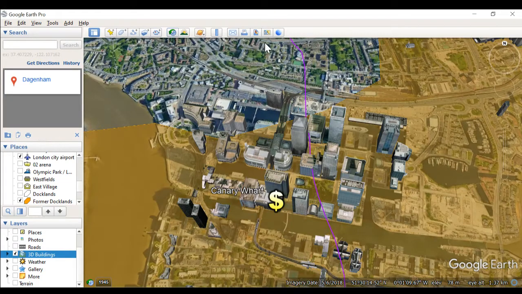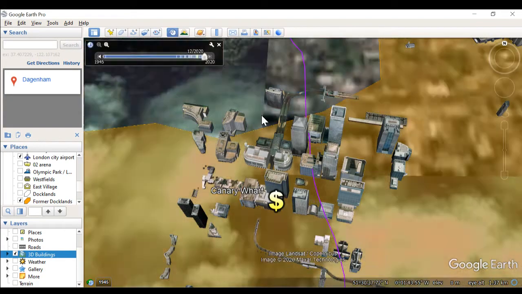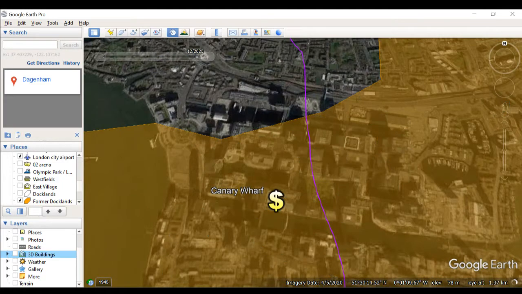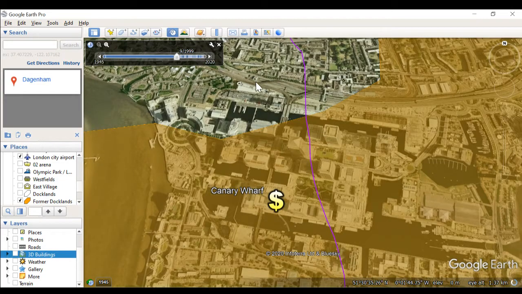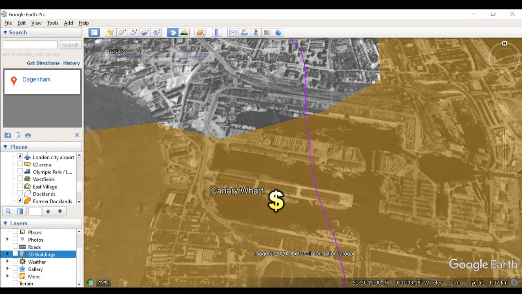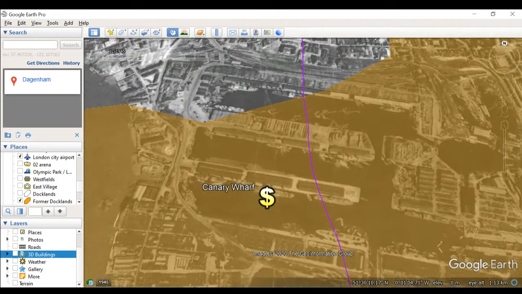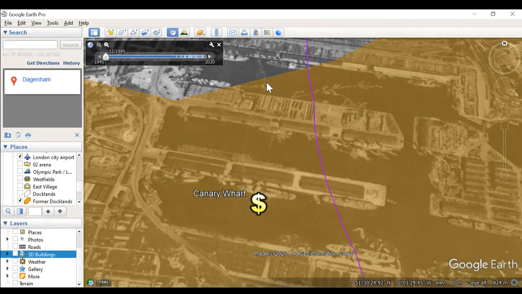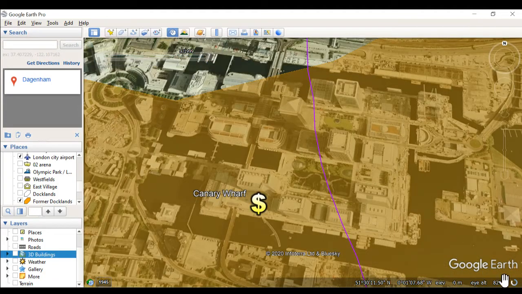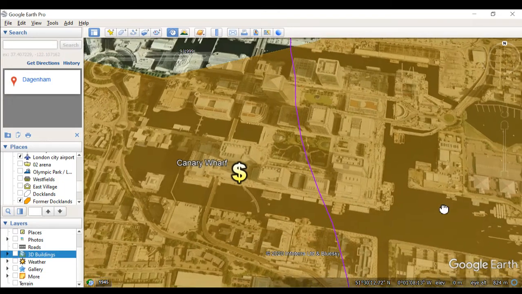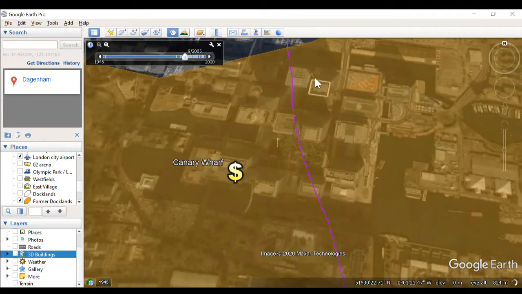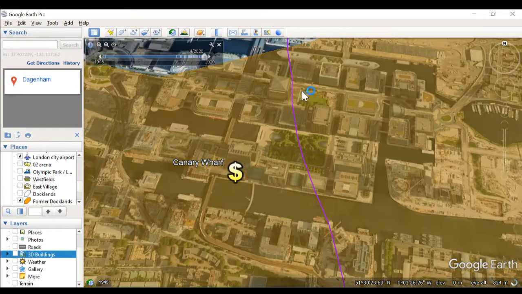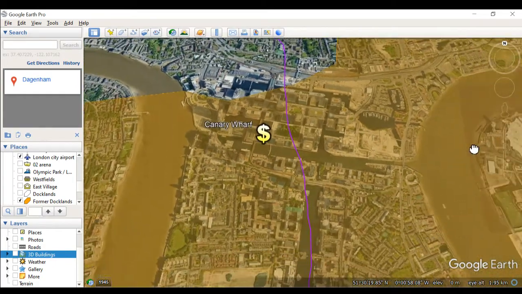But if we go back in time, it hasn't always been there. It was just this area of docks and ports, and it wasn't really until 1991 that this area was redeveloped into what we associate it with now.